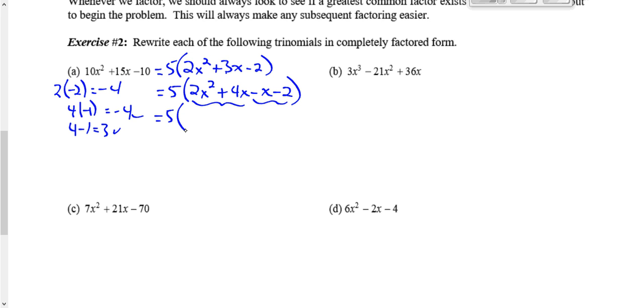Okay? What's the GCF in that first group? Notice the 5 stays there all the way, right? So we can factor a 2x out of the first group. What's that leave us? x plus 2. Second group.